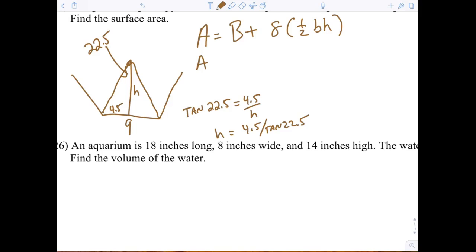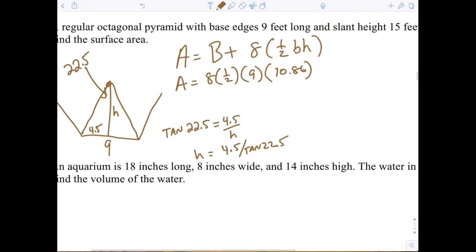So now, area of the base is equal to 8 times 1/2 times 9 times, and what's the height? About 10.86. All right, that would be the area of the octagon.